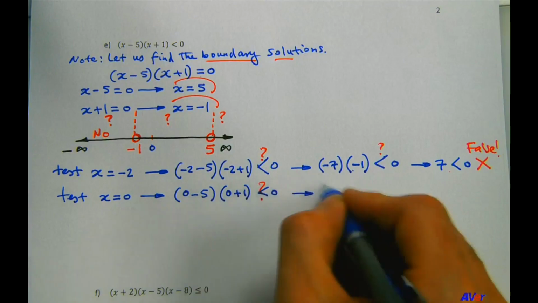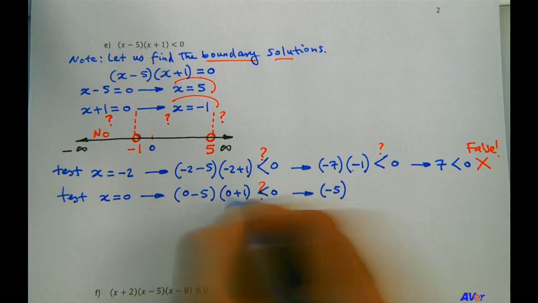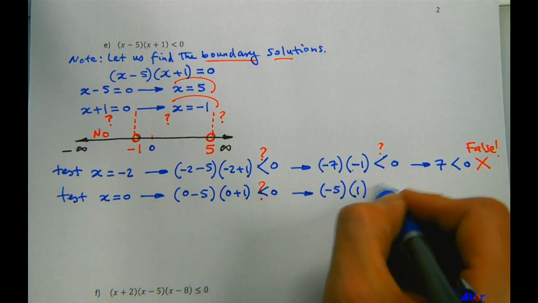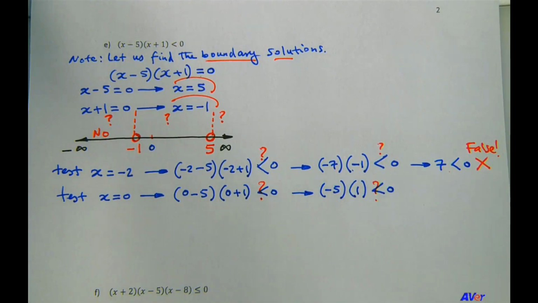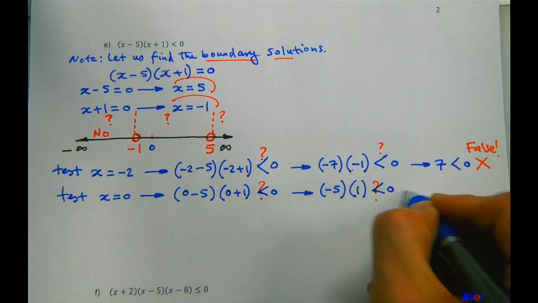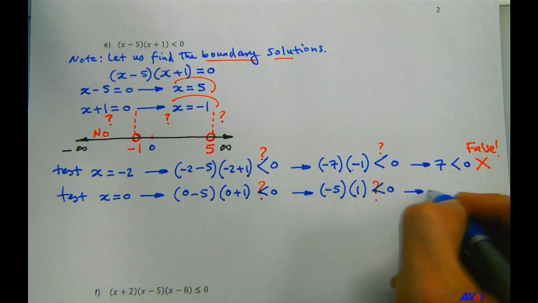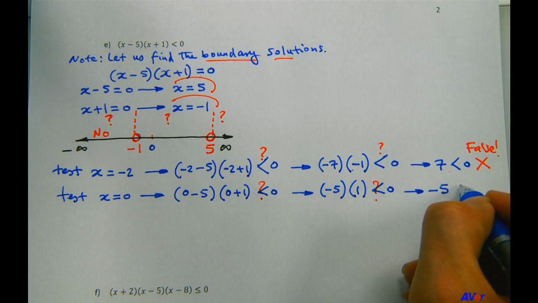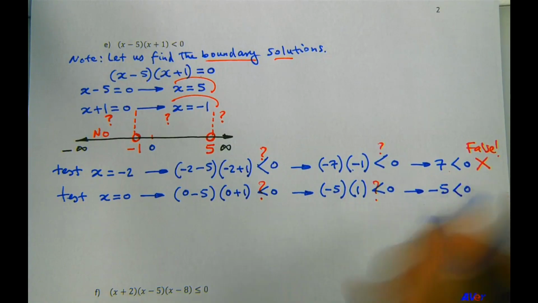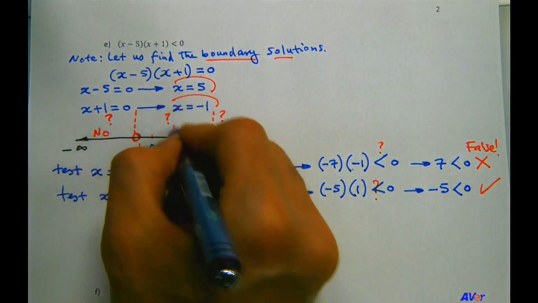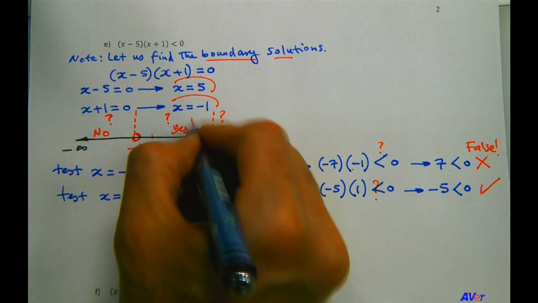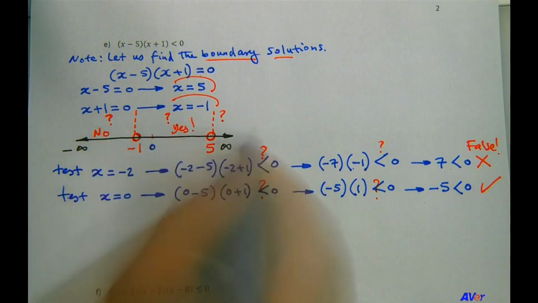Then we have minus 5, and then we have positive 1, less than 0. So let's do the algebra. We end up with minus 5 less than 0. Is that a true statement? Yes, it is. That checks out. So we say yes. That middle area is a solution.